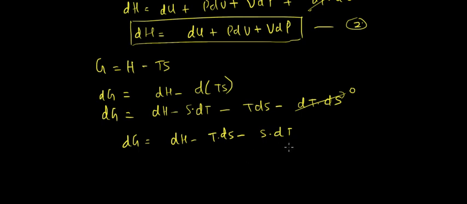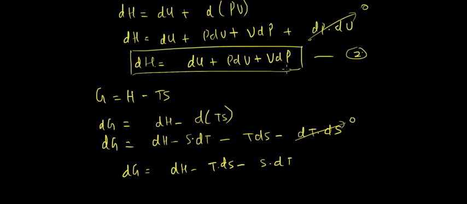Okay, so from the second equation we can write dH minus TdS.